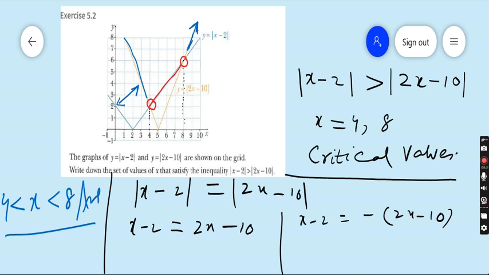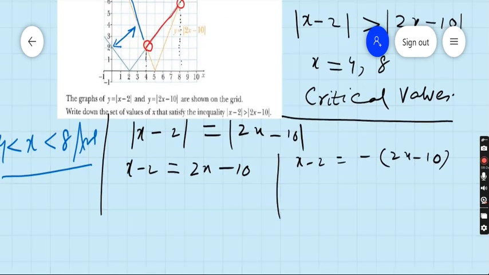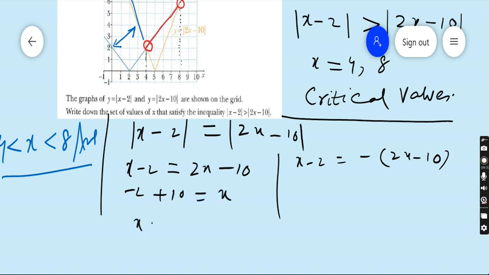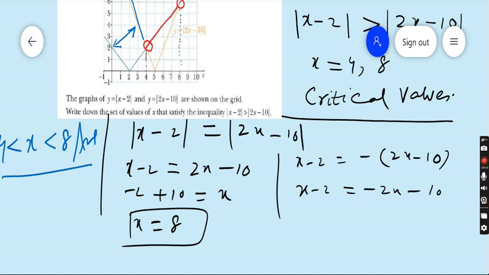So first time 2x minus 10 and second time minus of 2x minus 10. Simplify it. Minus 2 plus 10 equals 2x minus x, which is x. x equals 8. And x minus 2 equals minus 2x plus 10. Then 2x plus x is 3x. Minus 2 shifts over there, 10 plus 2 is 12, and 3 4s are 12.